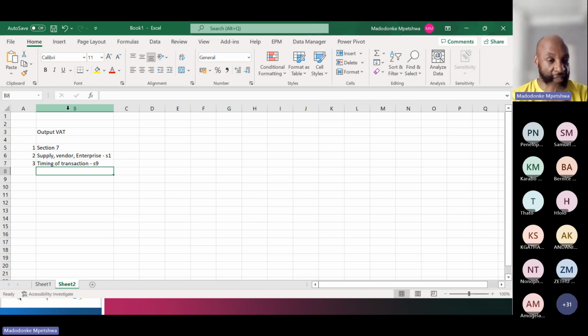As you can see, the consideration definition is quite long. And the important thing there, it says that consideration can be in cash or otherwise.